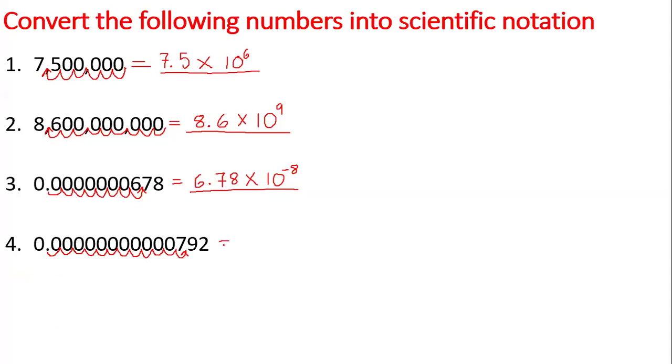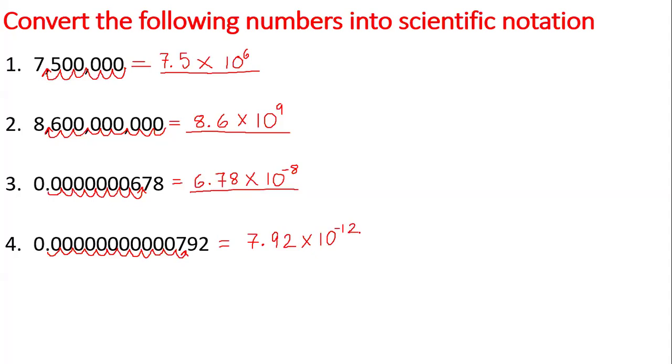It's going to be equal to, which answer is 7 point what? 92. 92 times 10 to the power of negative 12.